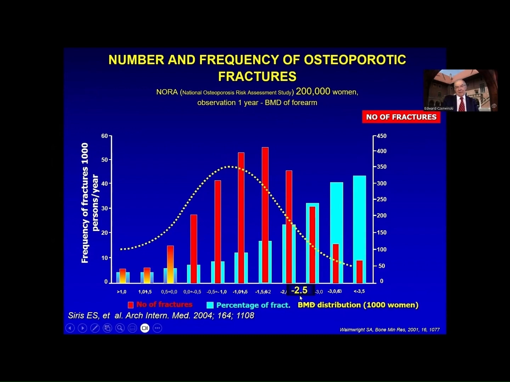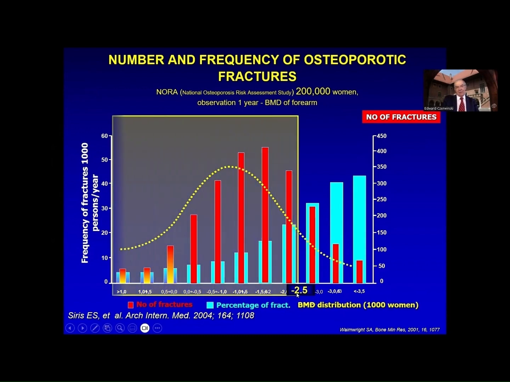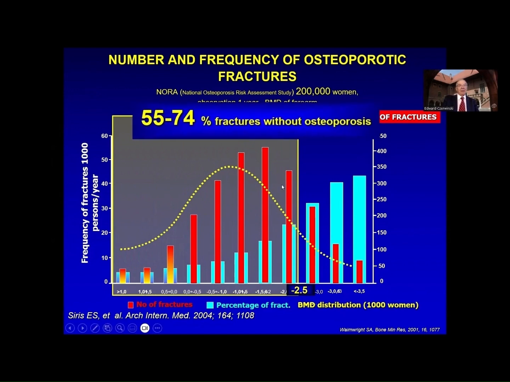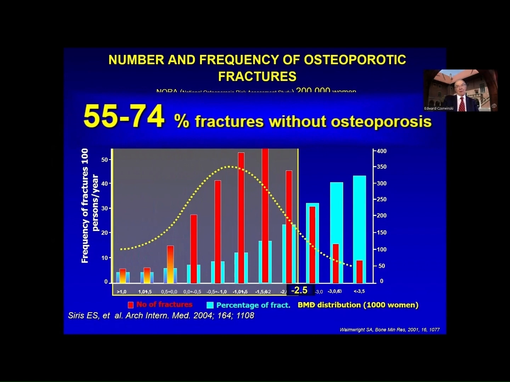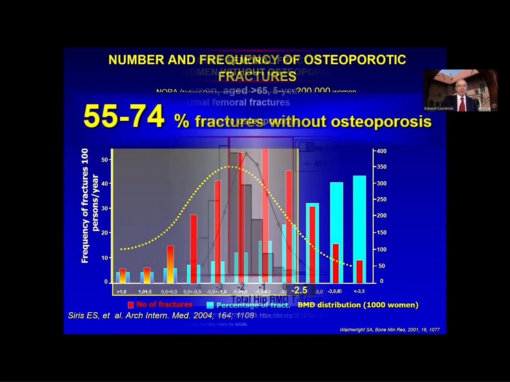And here is the barrier of minus 2.5. So as you see, the majority of fractures, 55 to 74, occur in those who have no osteoporosis using WHO criteria of T-score minus 2.5.